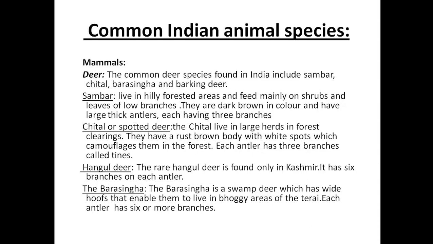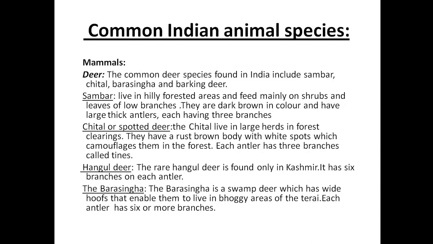As you all now have the internet with you, for every name that you come across among the mammals, I would want you all to search on the internet for the picture of these animals, so you have an idea what they look like.